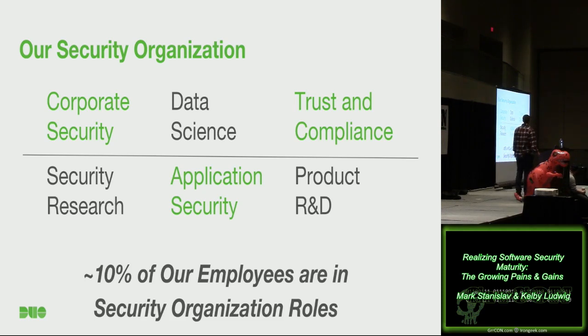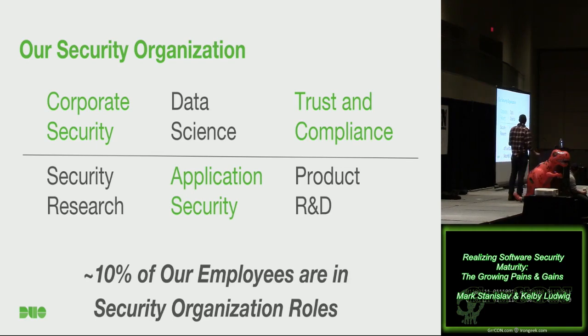Or take, for example, data science. We can leverage our data science team to measure metrics about what customers are using what features. So maybe in an incident response scenario, we can enumerate the actual real-world impact on our customers more intelligently.